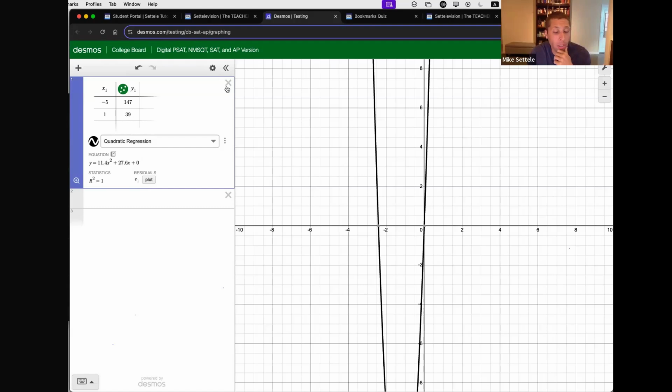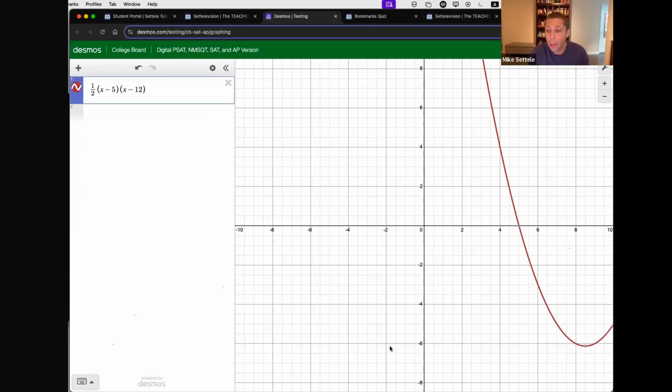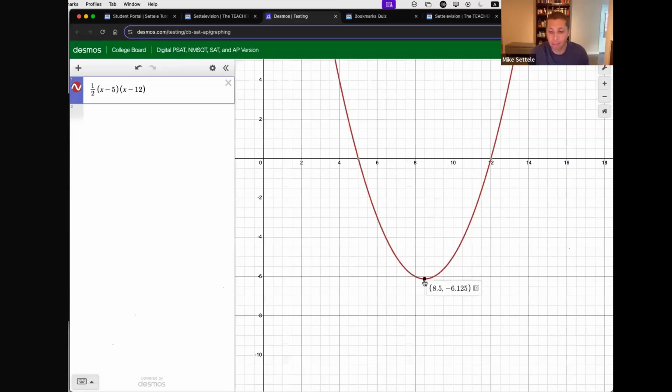Another way we could have used the calculator here is just to try every answer choice by typing it out and seeing which one gives us the right stuff. So if I did choice A, for example, 1/2 (x minus 5)(x minus 12), I see my vertex is not what they say it is, right? Vertexes are clickable points.